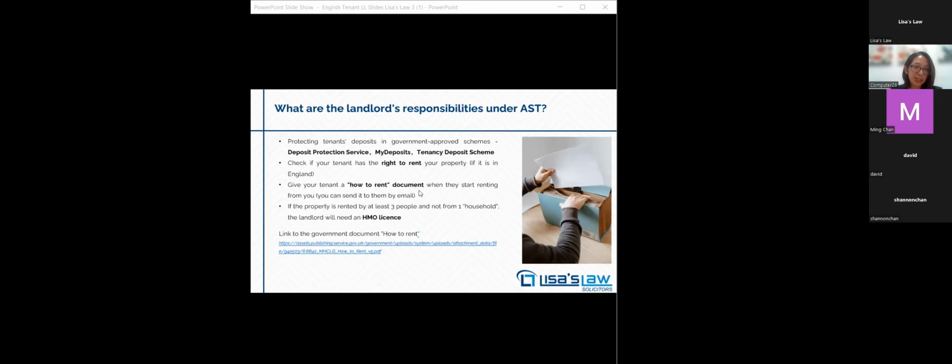And last but not least, if the landlord is renting out to three people not from the same household, the landlord will require what we call a House in Multiple Occupation license, a HMO license. Without that license, it's a criminal offense for them to rent it out, and the council could usually take action if you report it to the council.